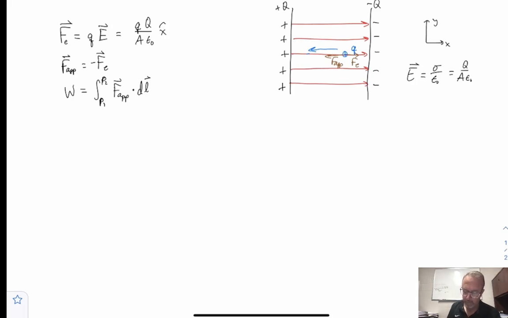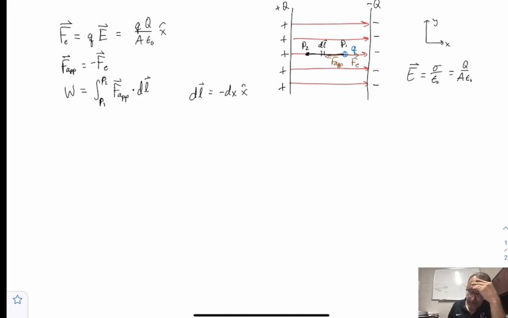So the path length would be the distance that we actually move the charge. If we move it from here, P1, to here, P2, then this is our path length, and a differential path length would be like that. So in moving it, the differential path length is actually equal to minus dx x hat, because it's in the negative x direction.